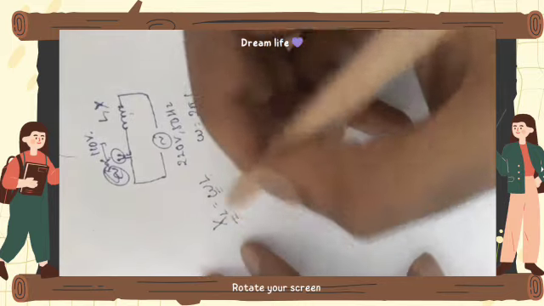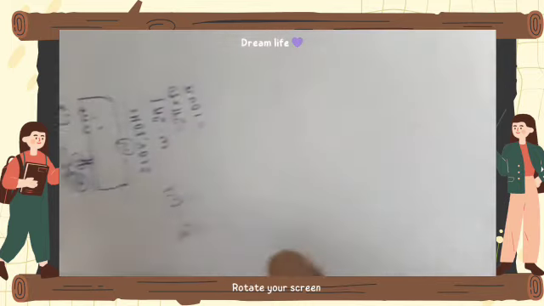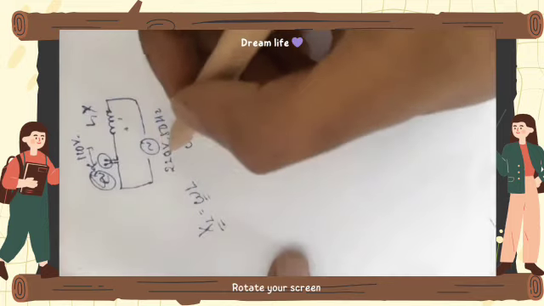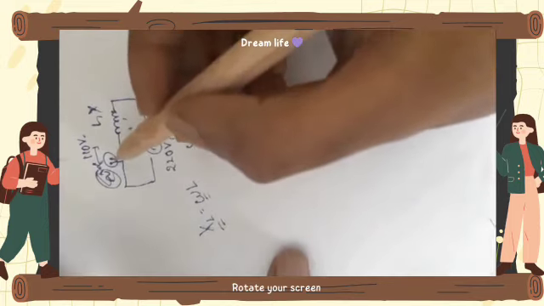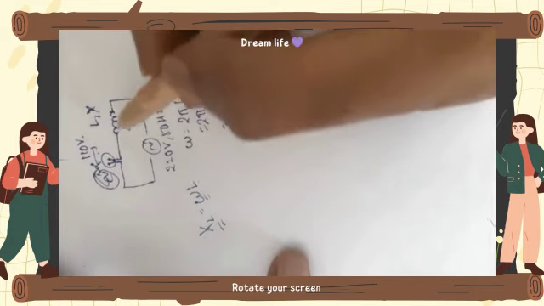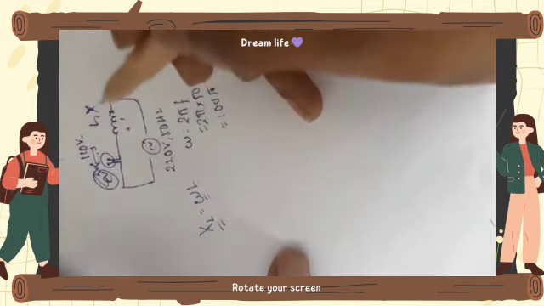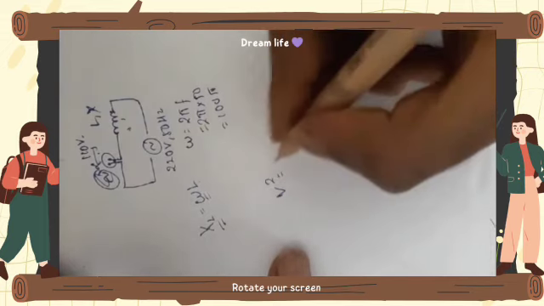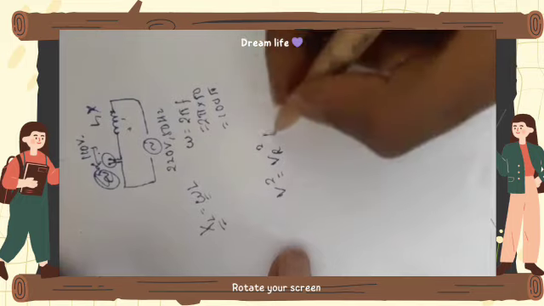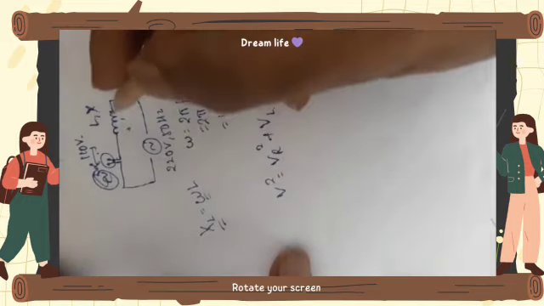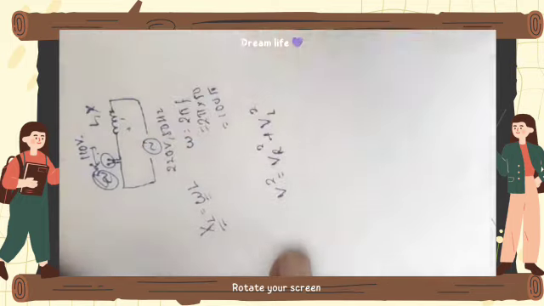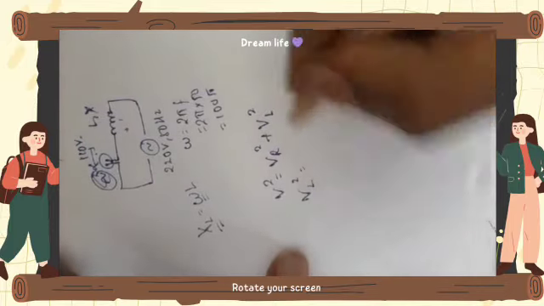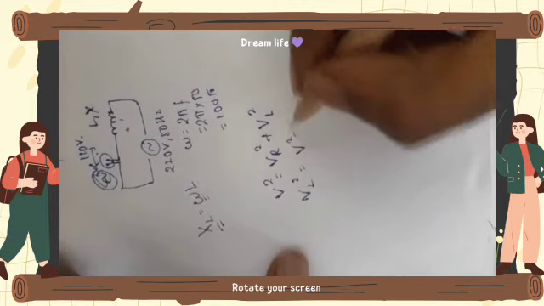For that you need the voltage across the choke coil as well. So let's find it. The total voltage is 220 volt, and the voltage drop across the resistor, that is the bulb, is 110 volt, and the voltage across the choke coil is what we have to find. So total voltage square will be equal to the voltage across the bulb square plus the voltage across the inductor square. The bulb is nothing but a resistance, so I mention R here. VL square will be equal to V square minus VR square.